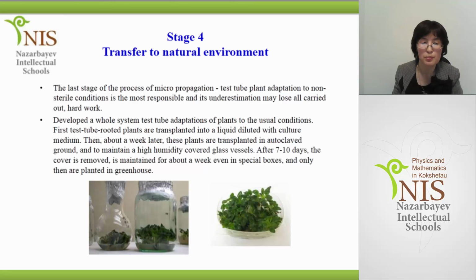Then about a week later, these plants are transplanted into autoclaved ground and, to maintain high humidity, covered with glass vessels. After 70 days, the cover is removed and maintained for about a week, even in special boxes, and only then are they planted in the greenhouse.